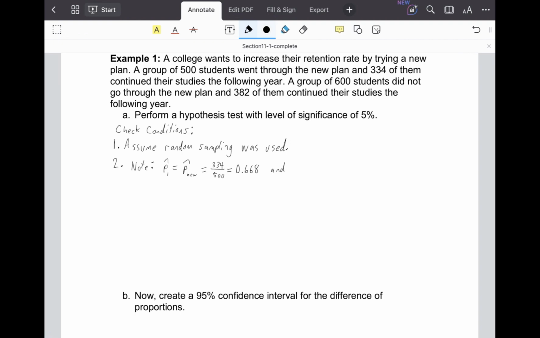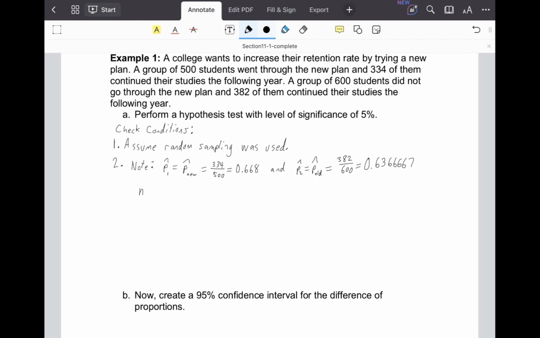And for p2 hat, which I'm just going to label as the old plan, they had a retention rate of 382 out of 600, which is 0.636666, and so on. At that point, we don't need too many decimal places, but it's good to keep as many as you can.